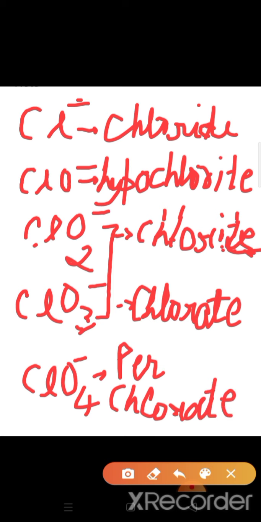Okay. These are the oxide anions of halogens. Next, just like Cl negative, you all know Br negative. Its name is bromide. Bromine is also a halogen, like chlorine and iodine.